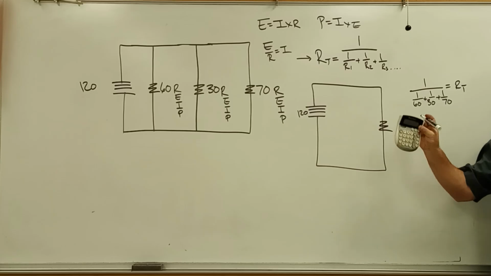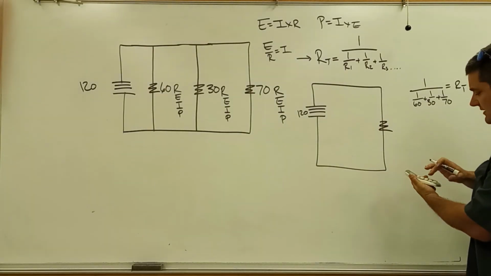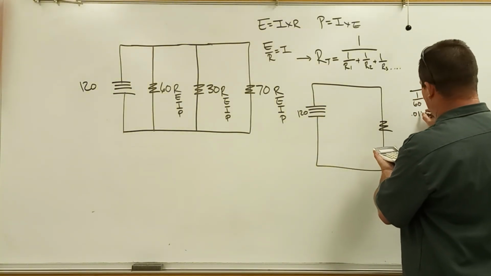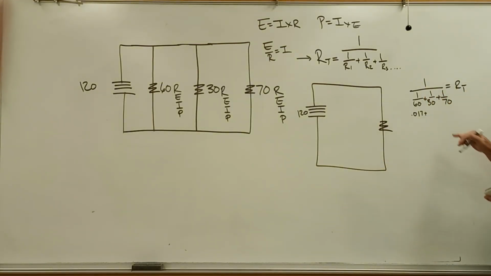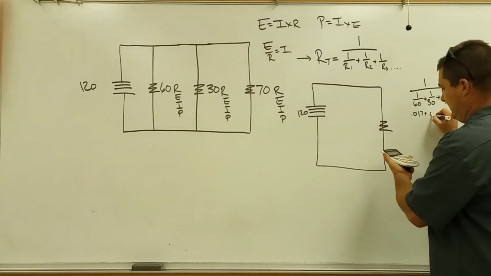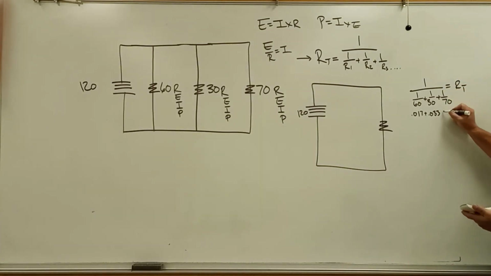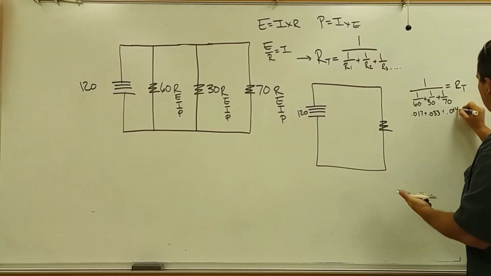So I'm using this inexpensive calculator, so I'm going to have to do a little rounding. 1 divided by 60 equals 0.017, and that's rounded. 1 divided by 30 equals 0.033. And 1 divided by 70 equals 0.014.